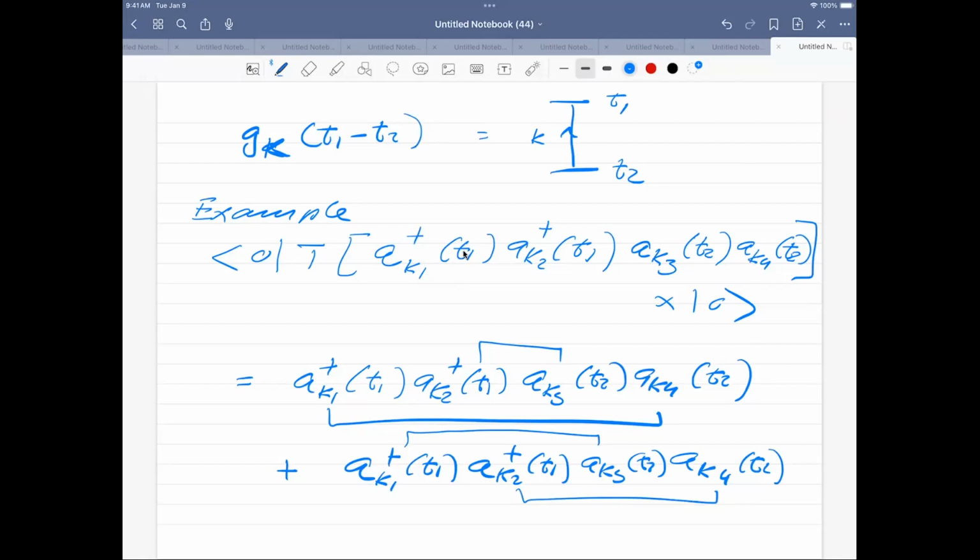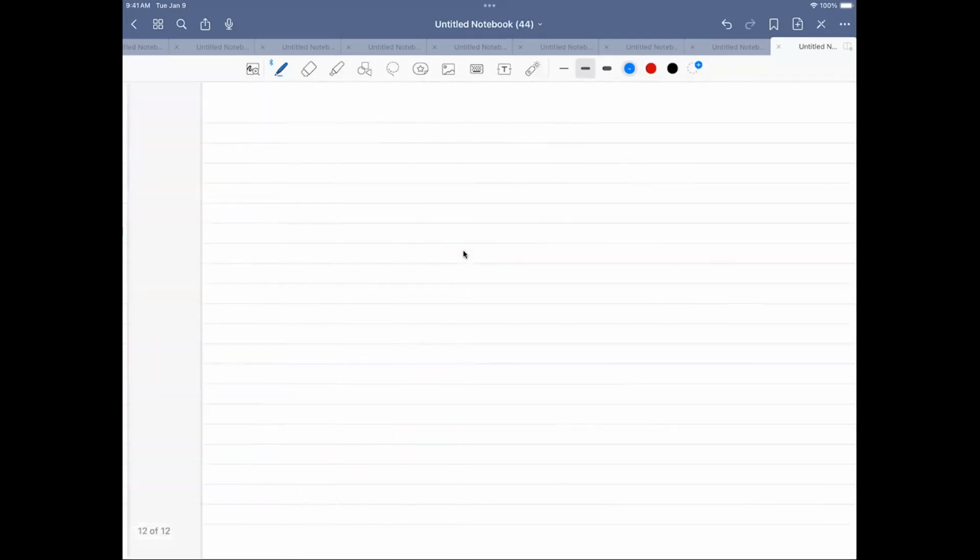And now, if I use these definitions of these operators of G as a function of time, this then becomes equal to this G of K1, and this is given by T2 minus T1. So I have to obey causality here.